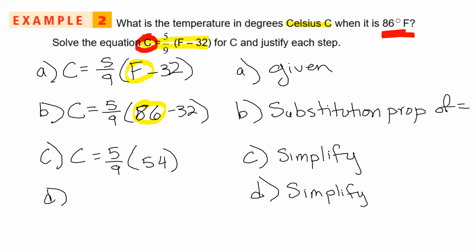And what is 5/9 times 54? It is 30. Okay, and we have solved for C, so that is the end of that proof.